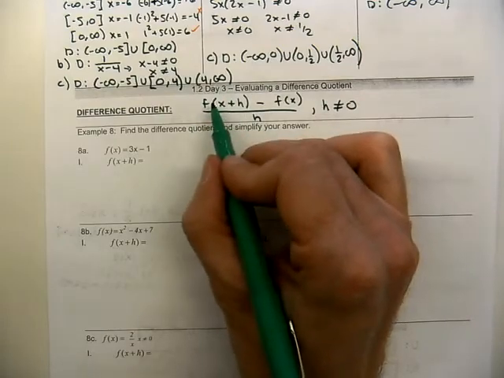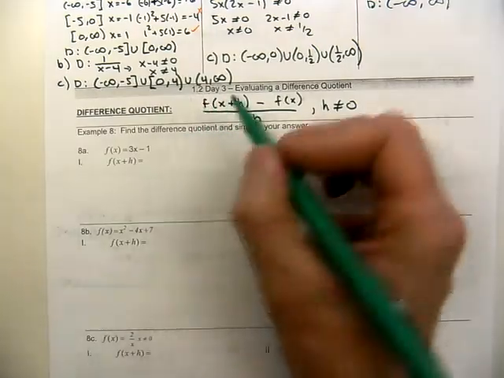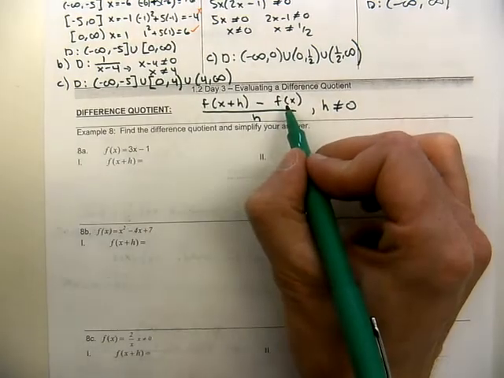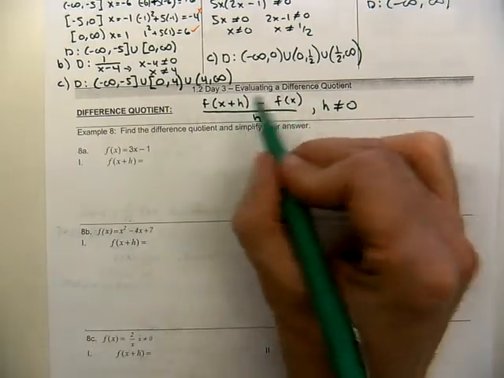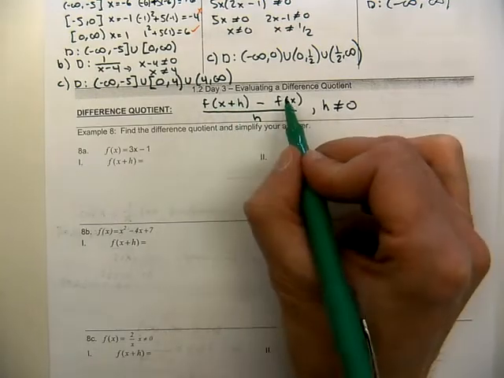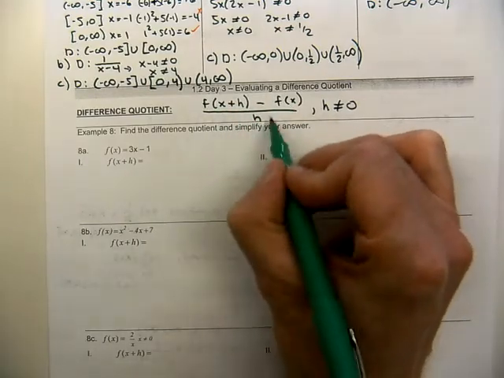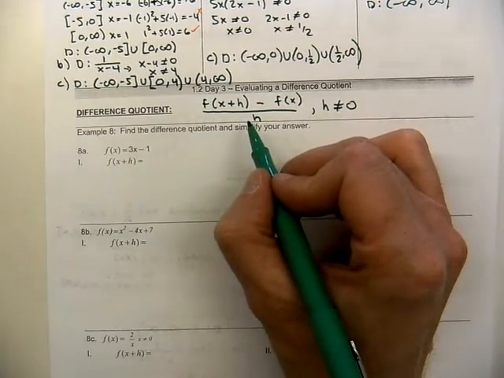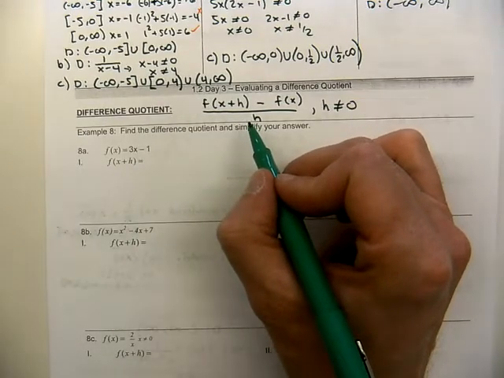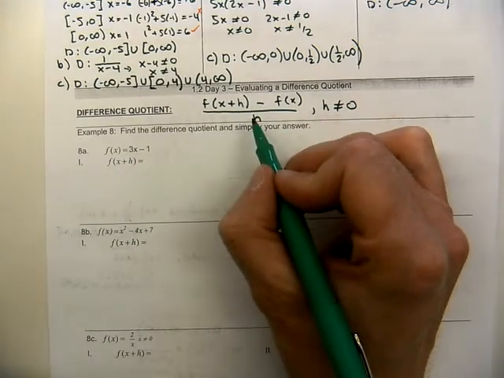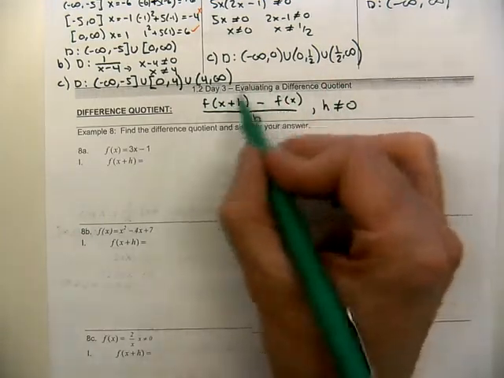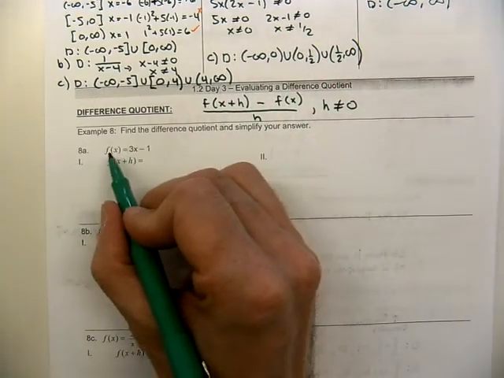This is your output, which is like the y-coordinate at a point. So we're subtracting the y-coordinates. We're subtracting the outputs. Now you might say, well, where are the x's? Well, the inputs canceled out. We're not explaining that in detail here, so you'll have to take that on face value. We've got essentially the slope formula, but in function notation. So we're going to use this to evaluate certain functions.